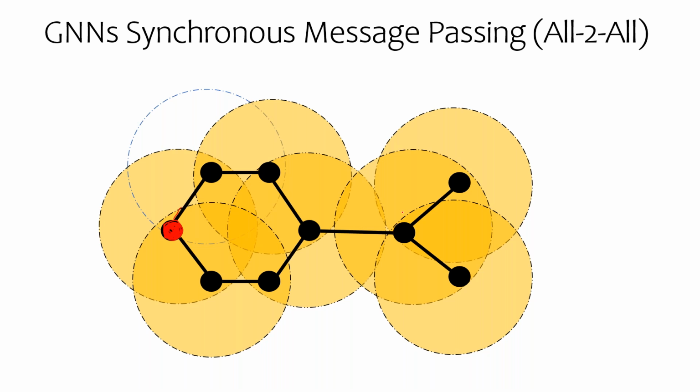So for all the nodes, messages are passed to all their neighboring nodes. It's not just a single, specific node that does it. All the neighboring nodes get the message passed from their respective neighbors, right?